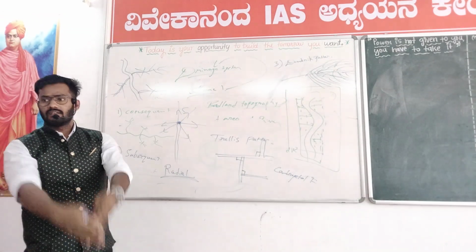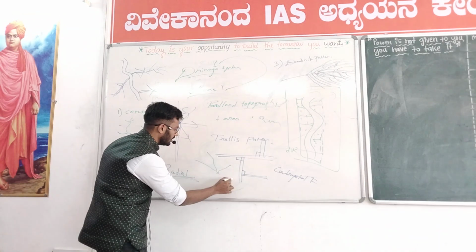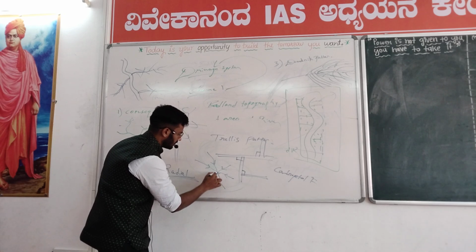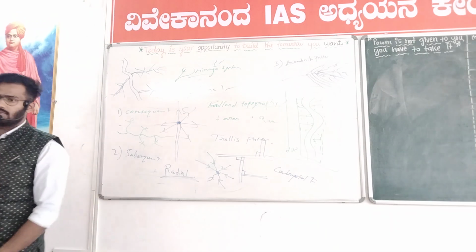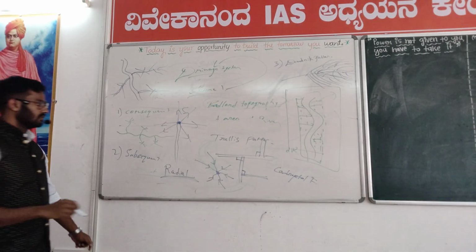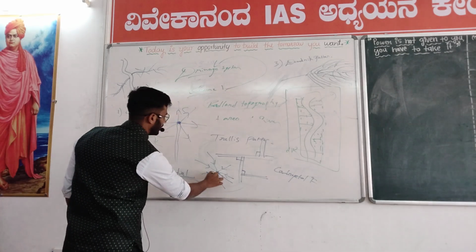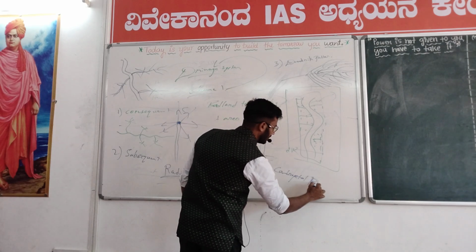Centripetal means from all the ways, rivers flow and concentrate to a particular point. So many rivers come and meet at a particular point, or so many dendrites, so many tributaries come and meet at a particular point. We call it a centripetal pattern, not force.